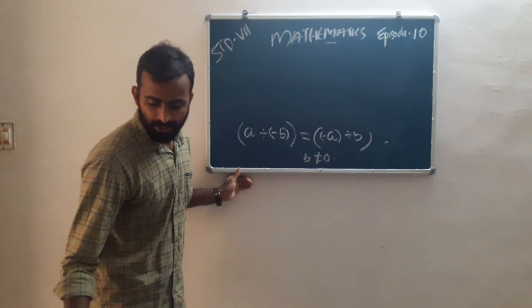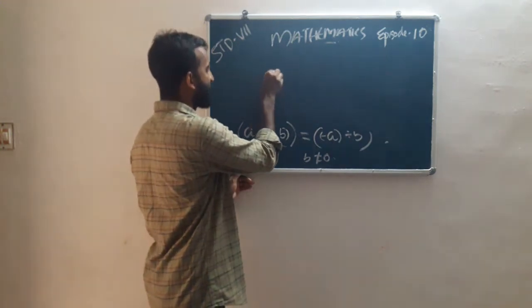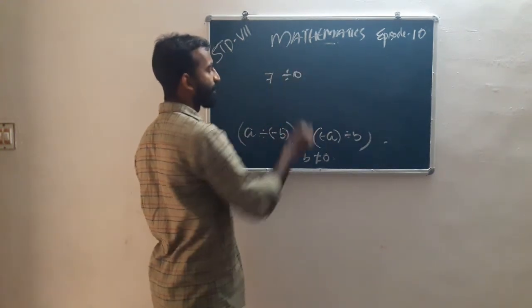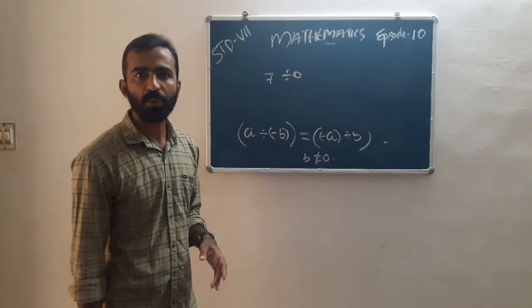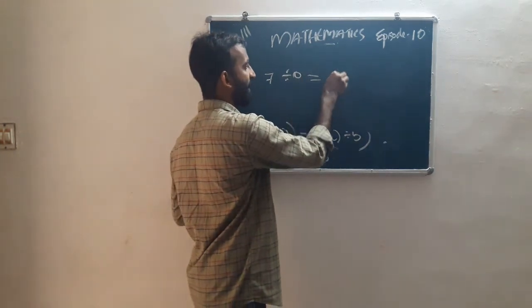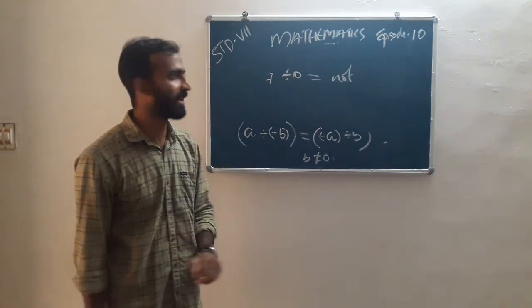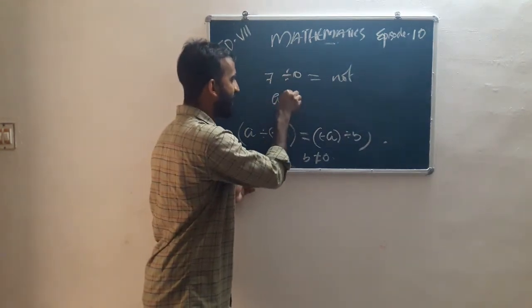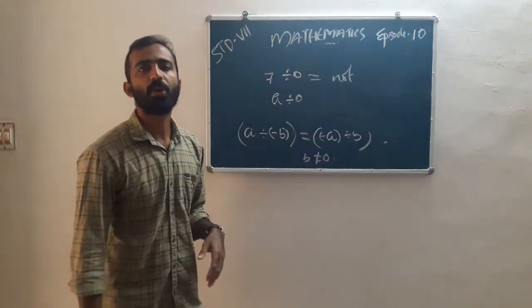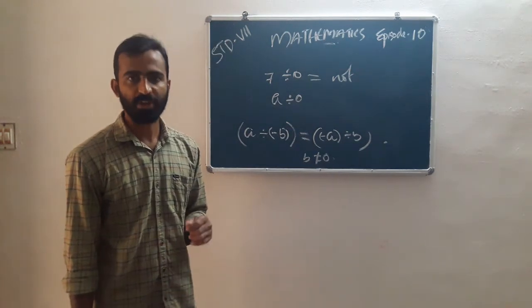Can anyone find 7 divided by 0? That is not defined. That is our second property: A divided by 0 is not defined.